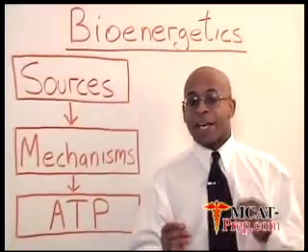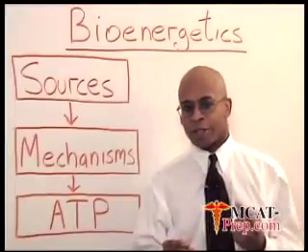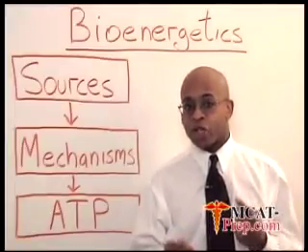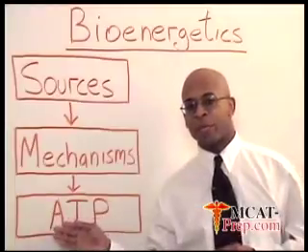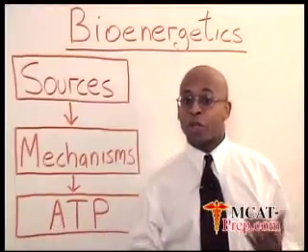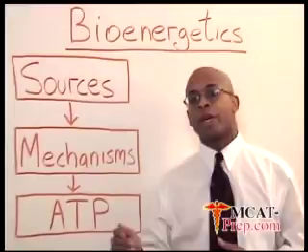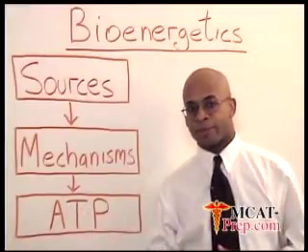Now it so happens that for every 1 molecule of NADH plus H, you end up producing 3 ATP. For every 1 molecule of FADH2, you end up producing 2 ATP.